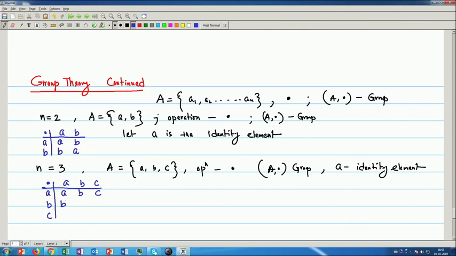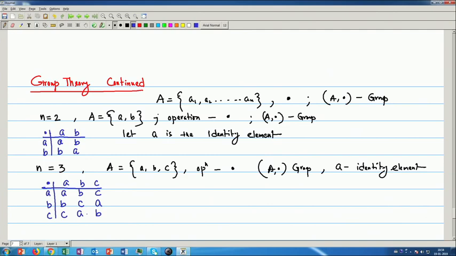Now, B dot B, I write it is C, and B dot C is A, and C dot A again C, then C dot B, already B dot C is A. So, C dot B is A and C dot C is B. So, I get that the first row is A B C, then B C A and then C A B. So, with only 3 elements, no 2 elements in a row or column are equal.